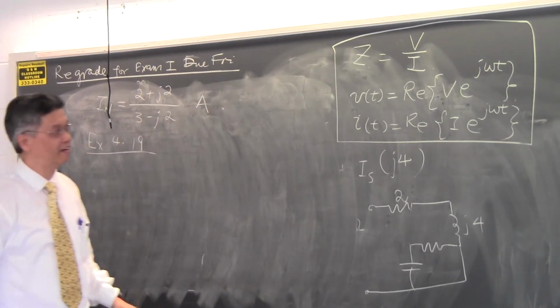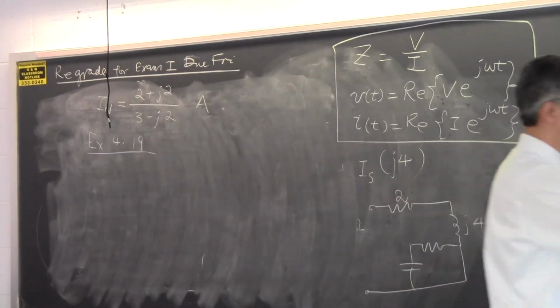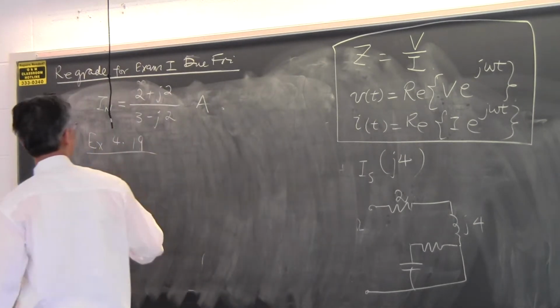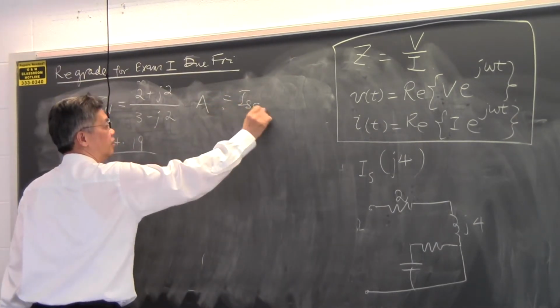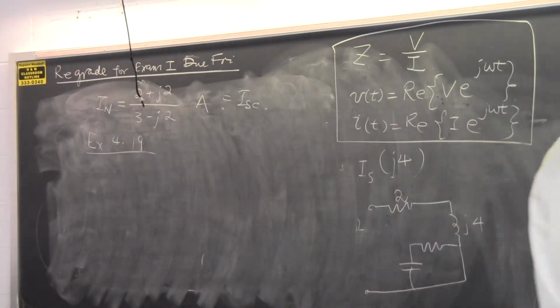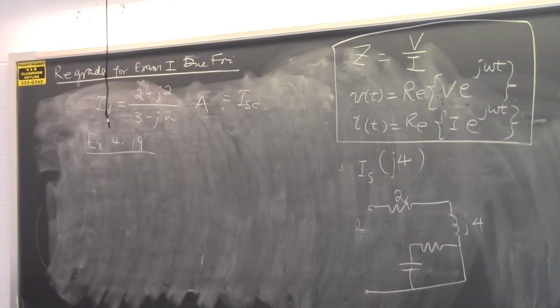So you're asked to find the Thevenin equivalent of this thing after having worked things out. So you know the short circuit current, you know the open circuit voltage, which we found just now. Where did we find it? We found it to be this.